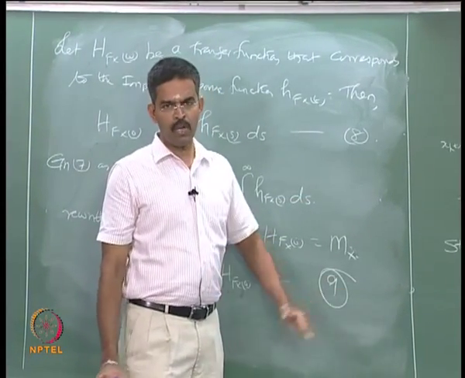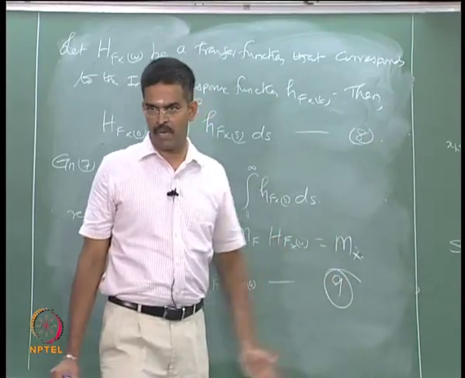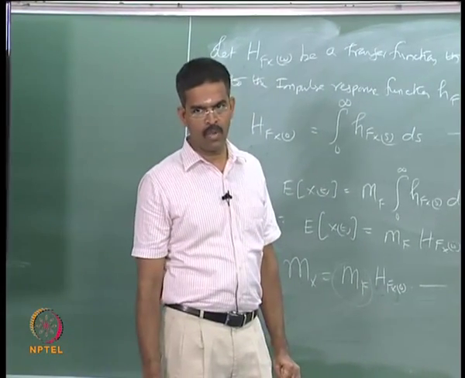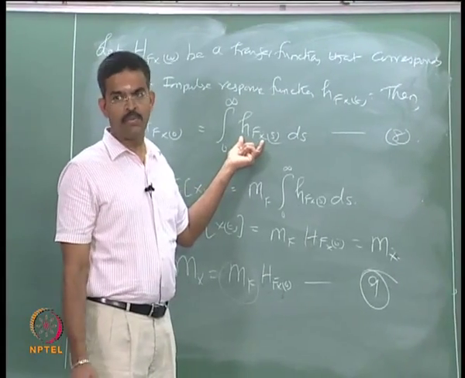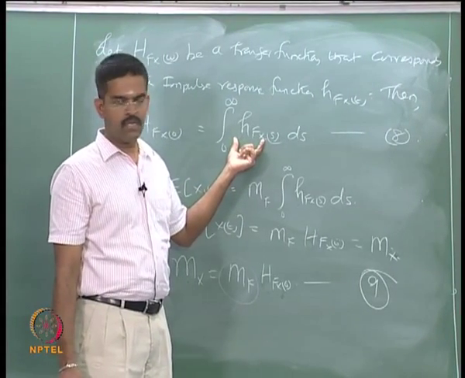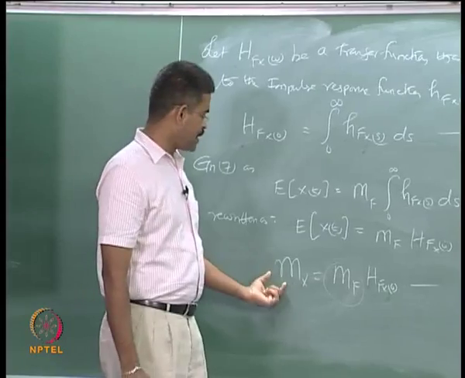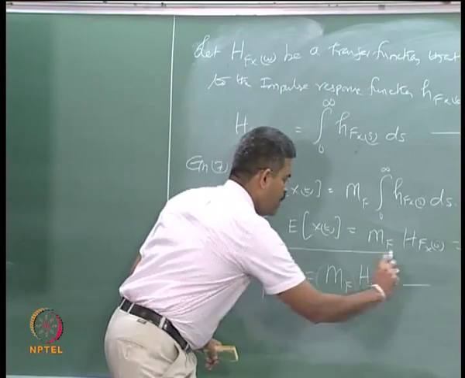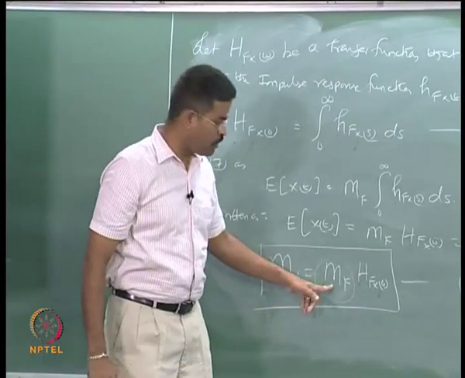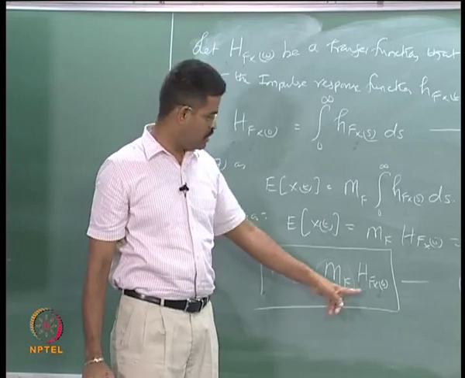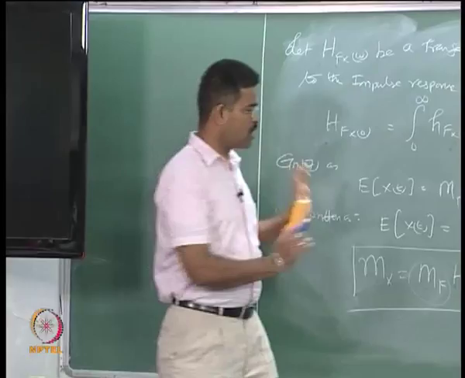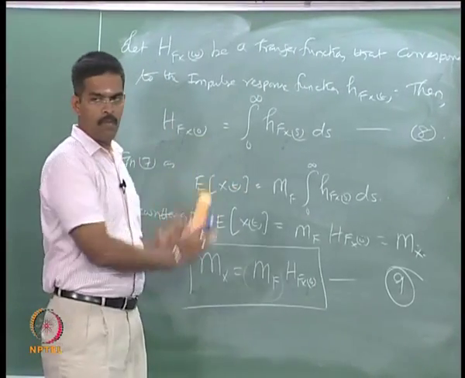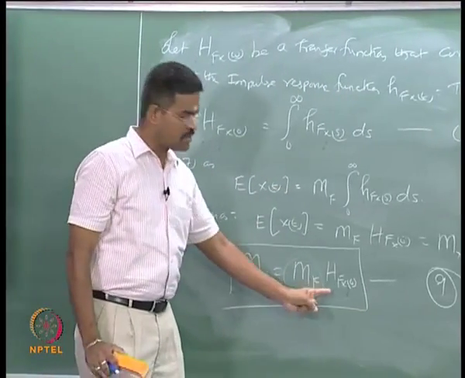For a stationary process this should remain independent of time again. So we showed that small h of x of s is independent of time. We connected the mean of the response to the mean of the forcing function with this value. Now we will apply this concept again in a simple problem and derive the transfer function for that problem.